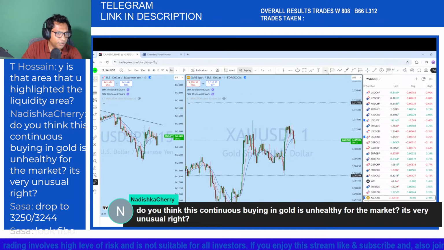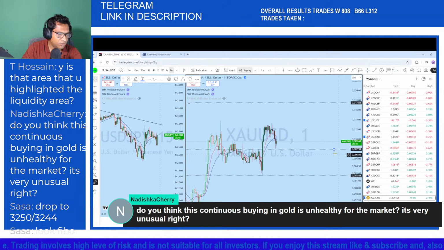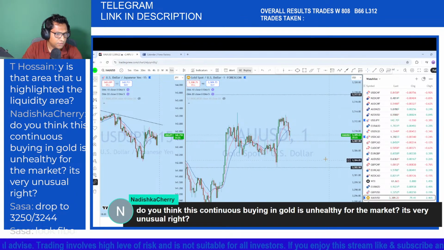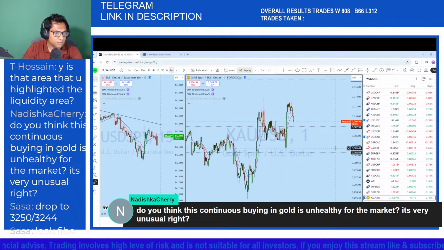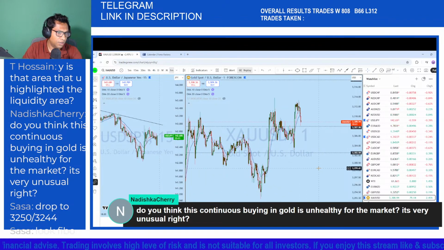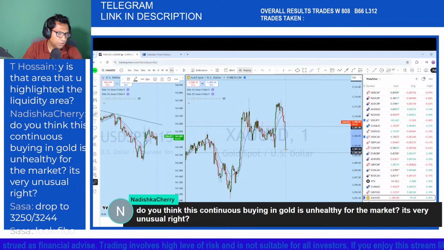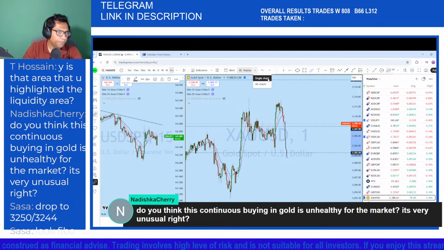So with this one here, we can see it drop back to that order block here, and after this bounce, it started to break below here, and we may see the market come back below.